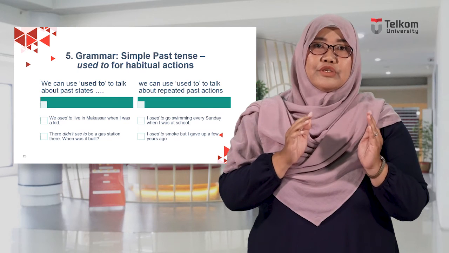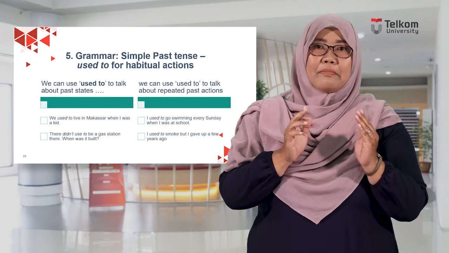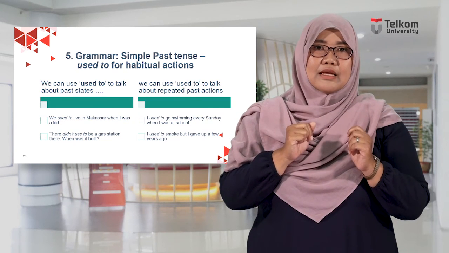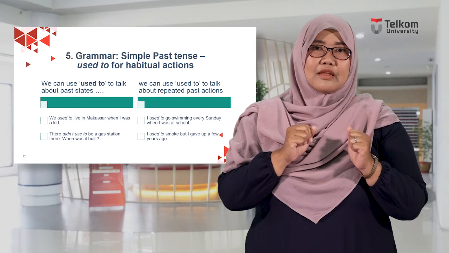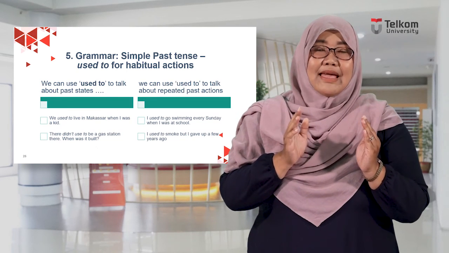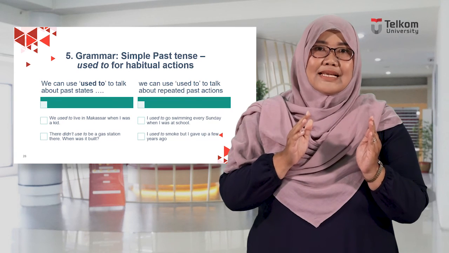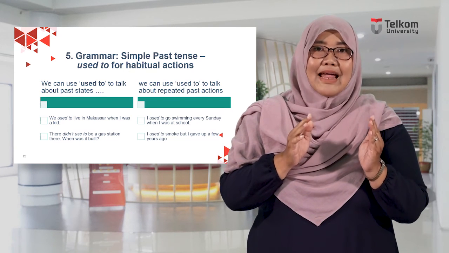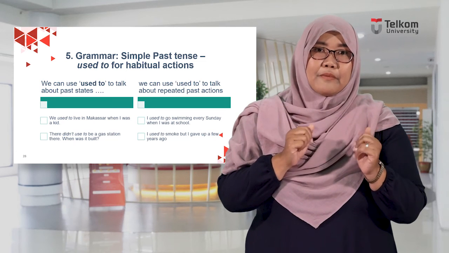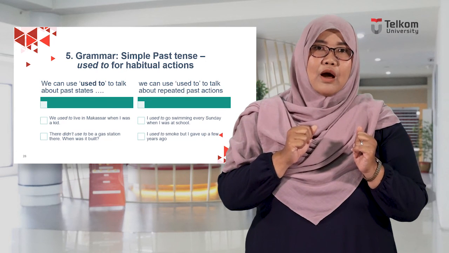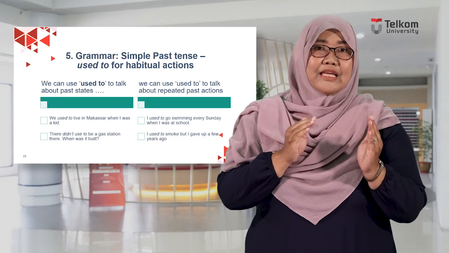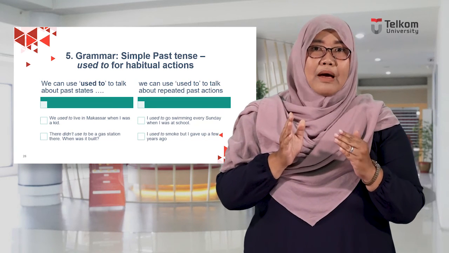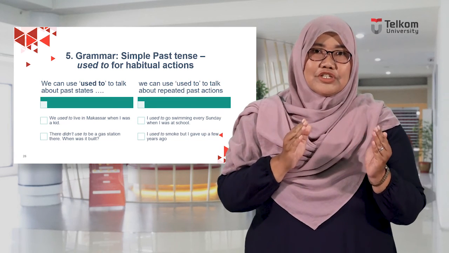We can use used to talk about past states. Examples: I used to go swimming every Thursday when I was at school. I used to smoke, but I gave up a few years ago. Or we can use used to talk about repeated past actions.